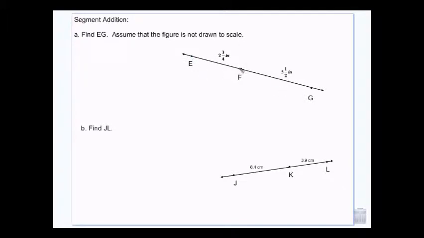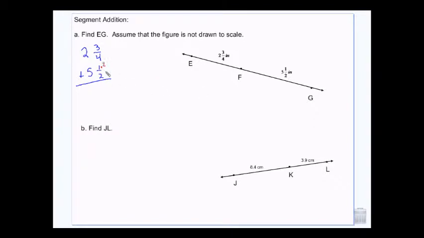So EF is 2 3/4, FG is 5 1/2. We want to find EG, which is the whole thing. So I say 2 3/4 plus 5 1/2. And I have a problem. What do you have to find common? I have to find the common denominator, which is going to be 4.